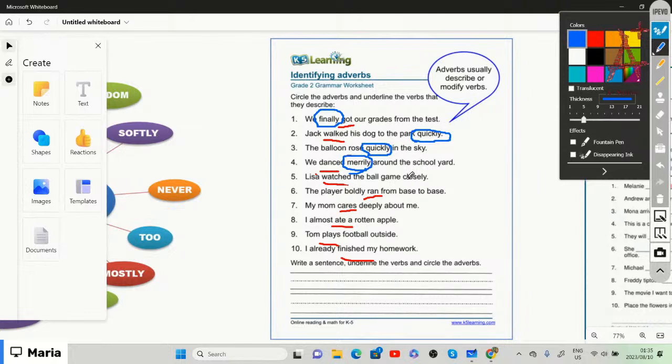Lisa watched the ball game closely, right? Closely. The player boldly ran from base to base. So, how did this player run? Boldly. And then my mom cares deeply about me. So, deeply.